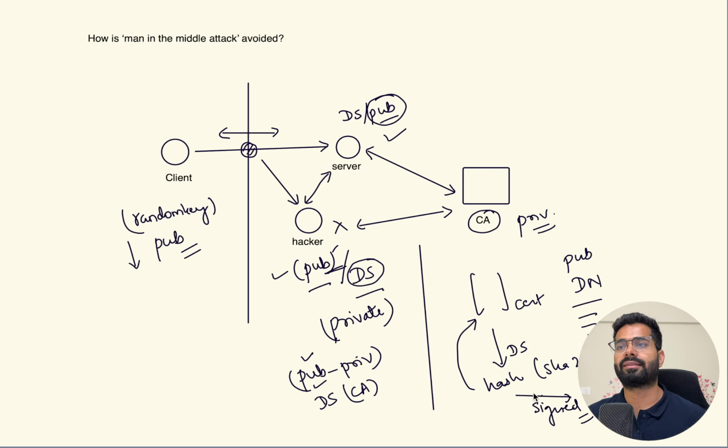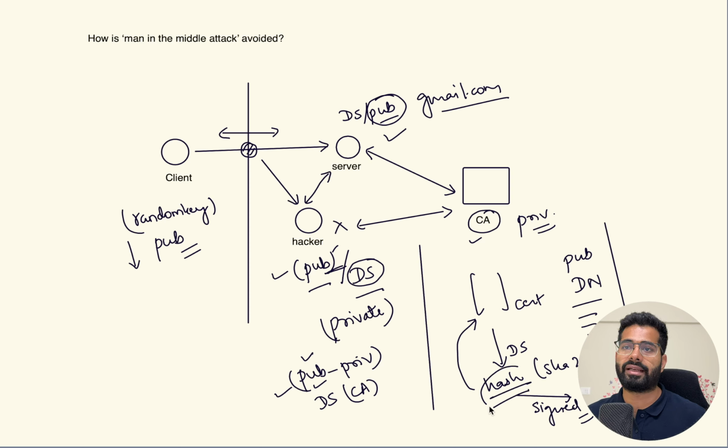Now first, the certificate authority will never sign this guy's certificate because the domain names are different. It is trying to imitate somebody else. The certificate authority already knows that it has signed someone called gmail.com, so it cannot sign another gmail.com, right? And the other thing is the SHA that gets generated.